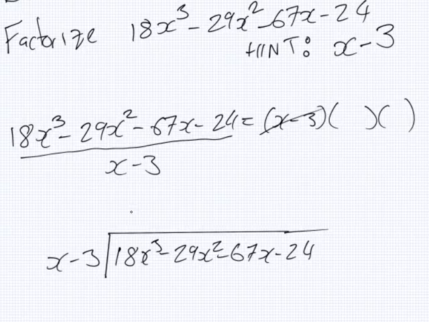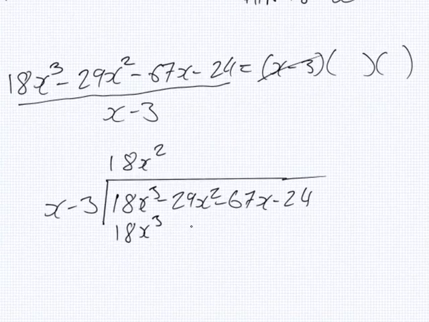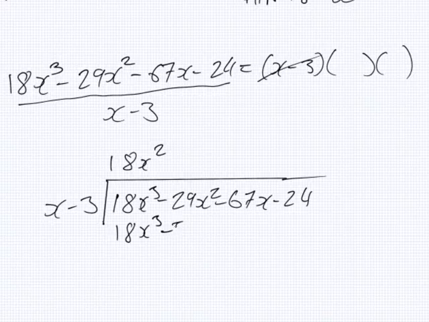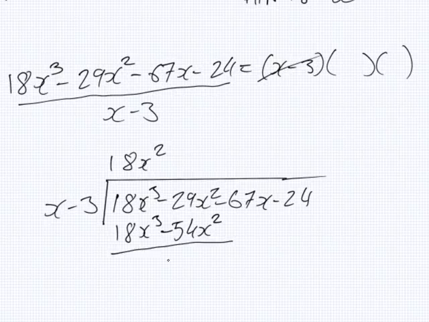First will be 18x squared, so that would be 18x cubed, and then 18 times 3 is 54, minus 54x squared, that's 25x squared minus 67x minus 24.